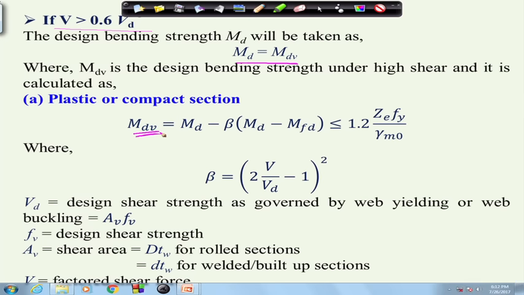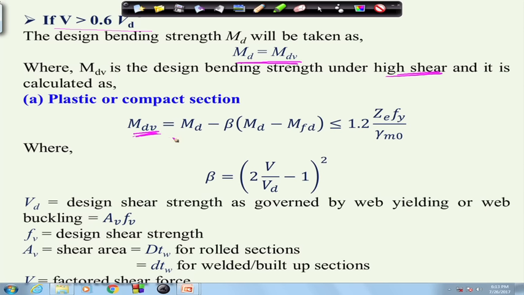So, when the beam is under high shear, that means when V is greater than 0.6 Vd, then the design bending strength can be calculated as Md equal to Mdv, where Mdv is the design bending strength under high shear, and it can be calculated for plastic or compact section from this formula.